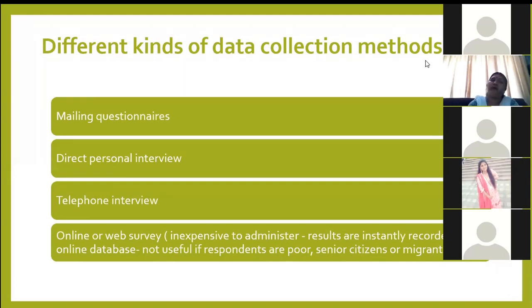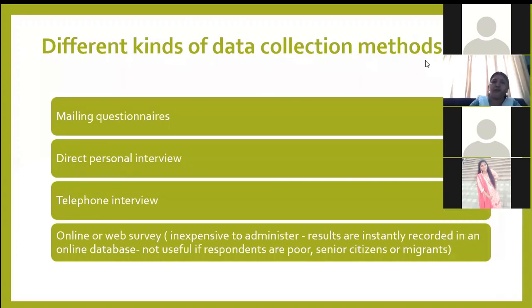So during certain situations, that depends on the type of respondents. If we are collecting information from very poor people or illiterate people or senior citizens or migrants, we cannot use this method. However, with the outbreak of COVID-19 pandemic, this has become a very popular method of data collection.